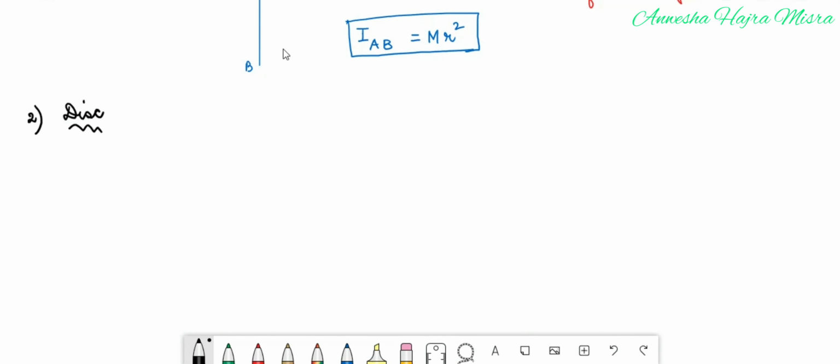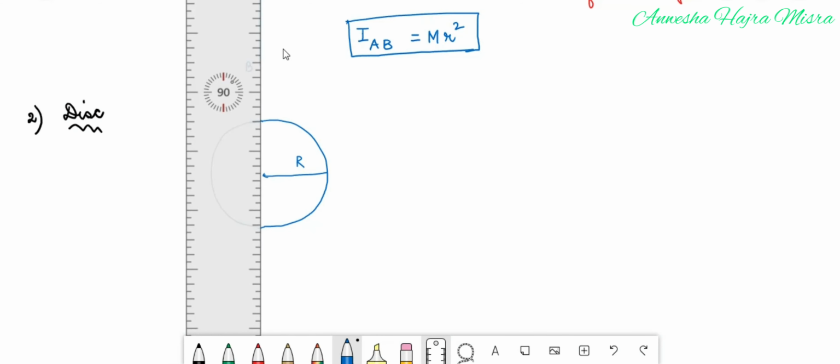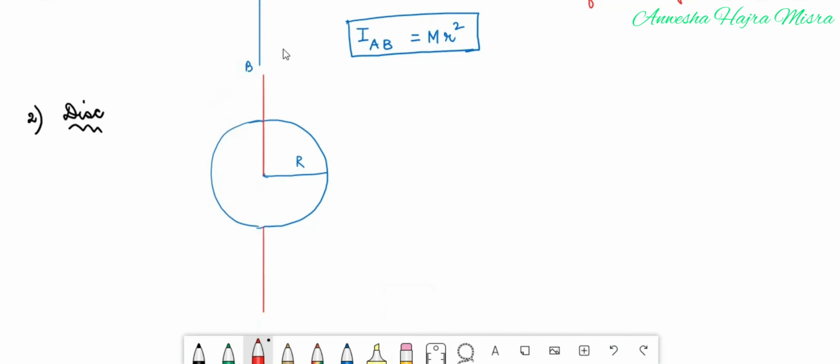Say, here we have a disk of radius r, and we want to find the moment of inertia of this disk about an axis perpendicular to its plane and passing through the center.